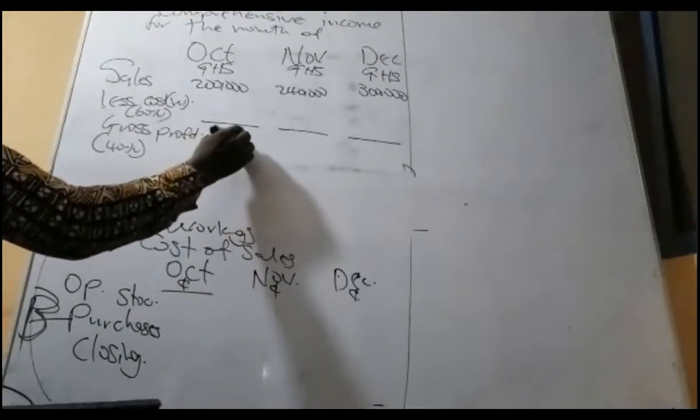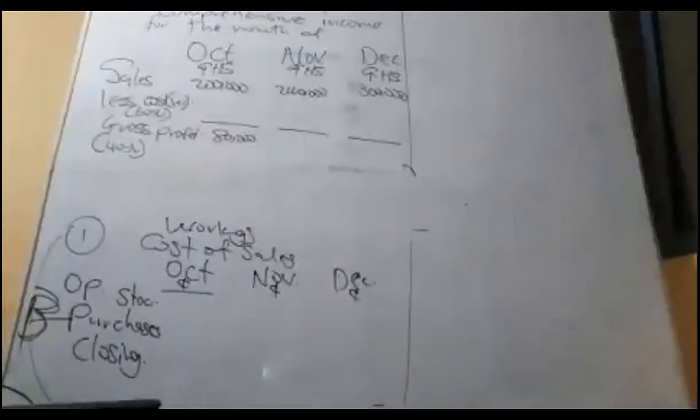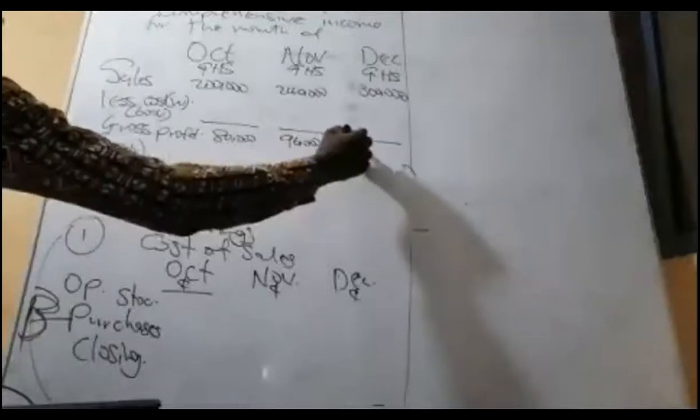So 40% on this is 80,000. 40% on 240,000, that will give us 96,000. And 40% on 300,000 is what?